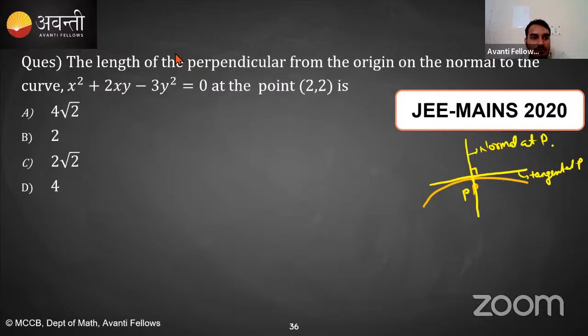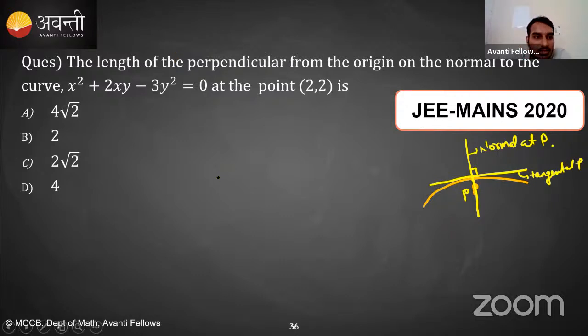Which option do you think, guys? What is the answer, everyone? Okay. Chalo, let me solve this question then.